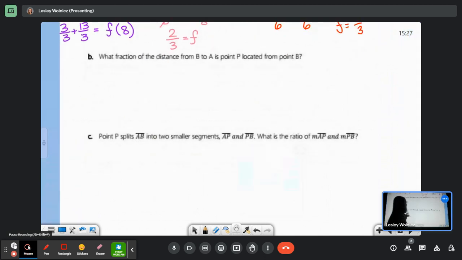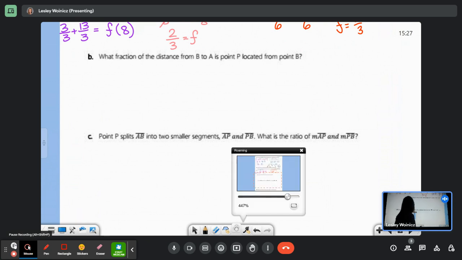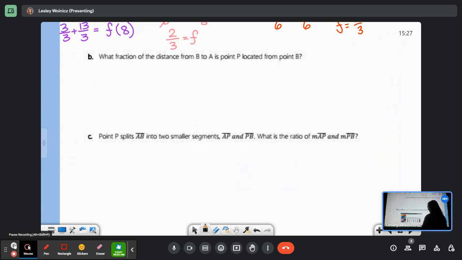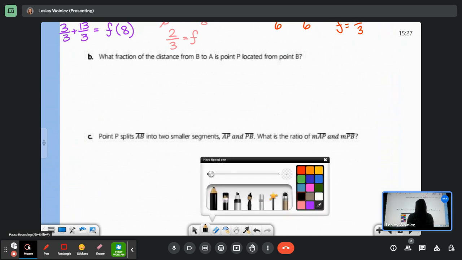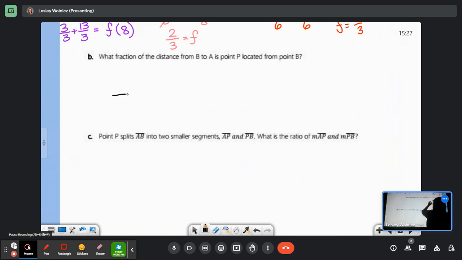All right. What fraction of the distance from B to A is point P located from point B? All right, let's draw a picture, because I've already got myself confused. Okay, so my picture is not going to be to scale.